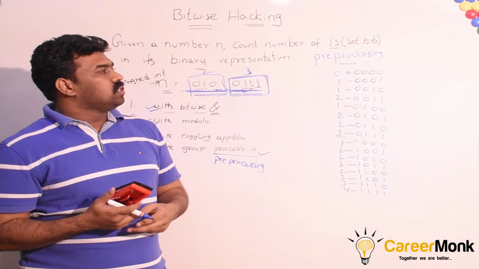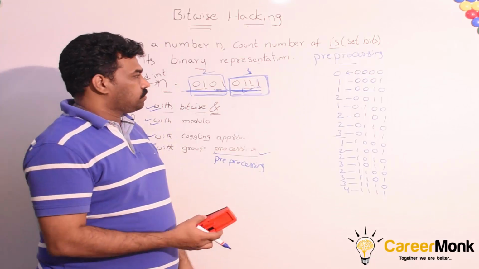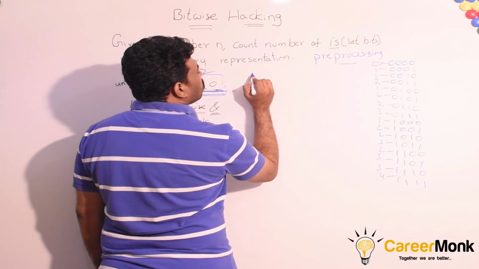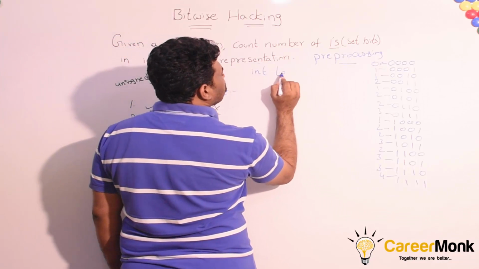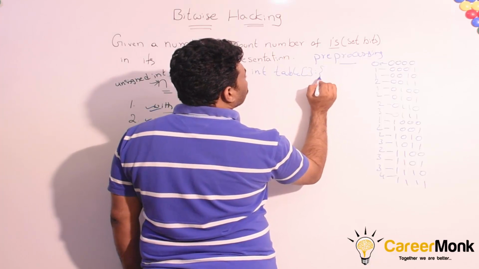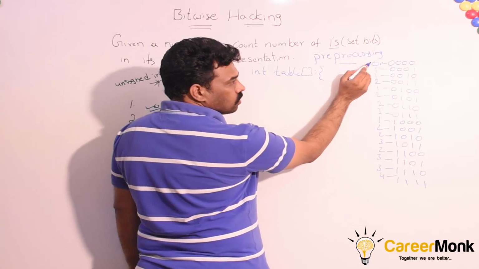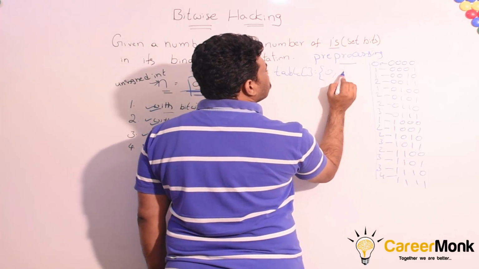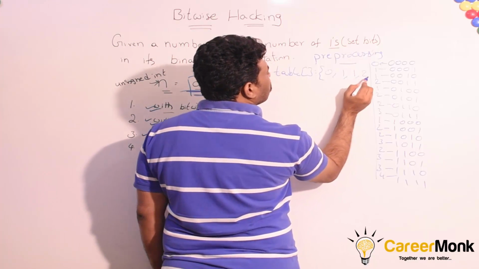Okay? How do we code this solution? We initialize the array with the values we see here: 0, 1, 1, 2.